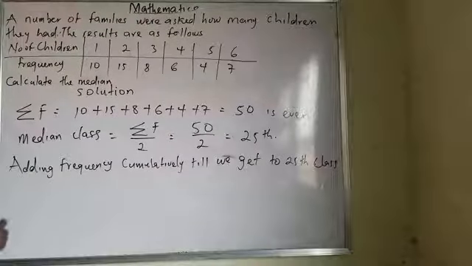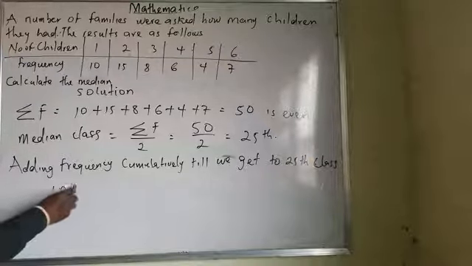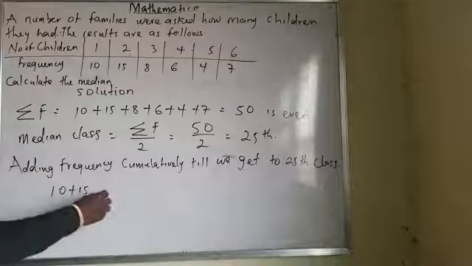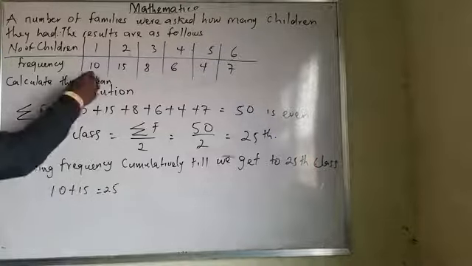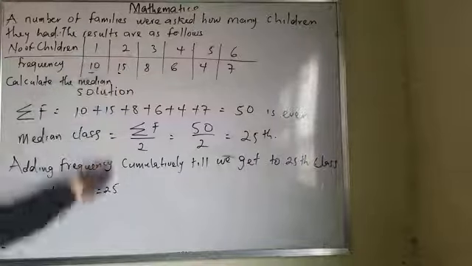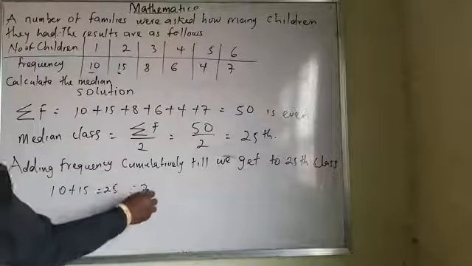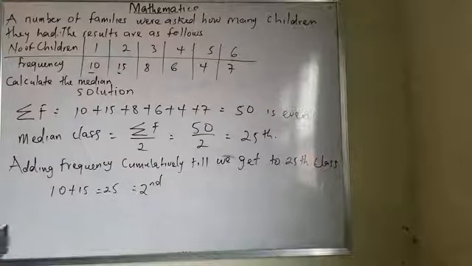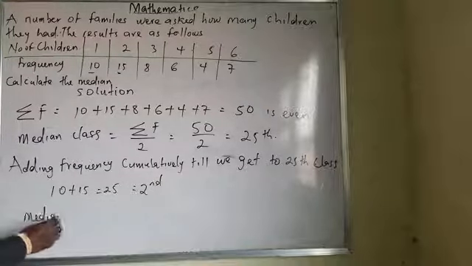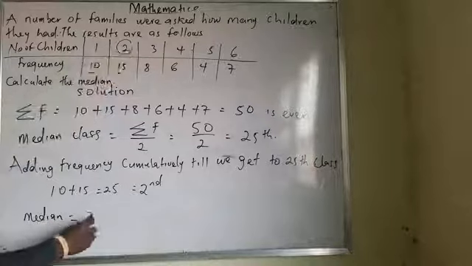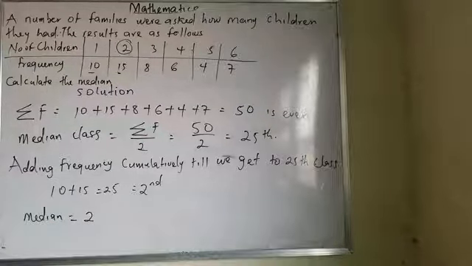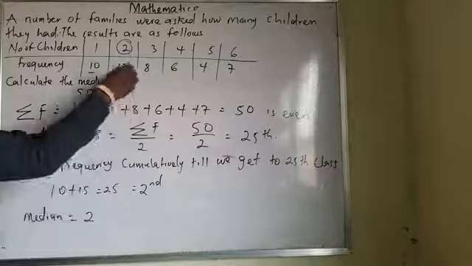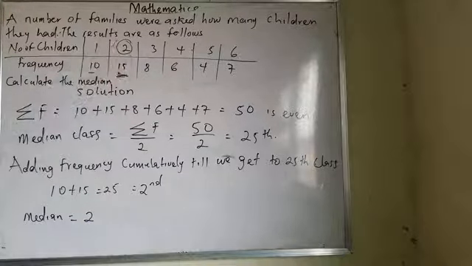It means 10 plus 15, which is going to be 25. First and second added to be 25. It means it is in the second, so my median will be equal to 2. This is just telling us the positioning. This plus this gives us 25, and that is all. My median is 2. That is all for that.